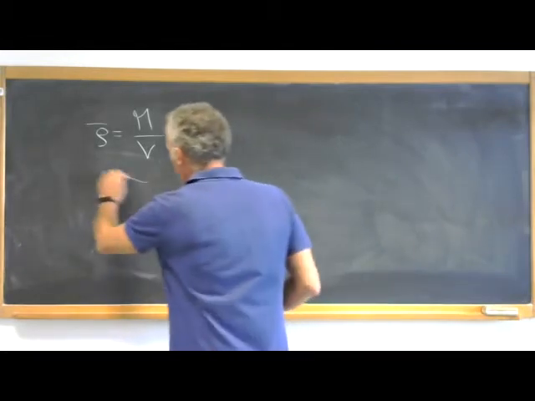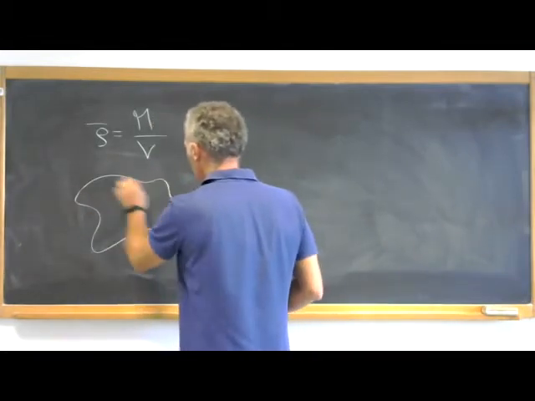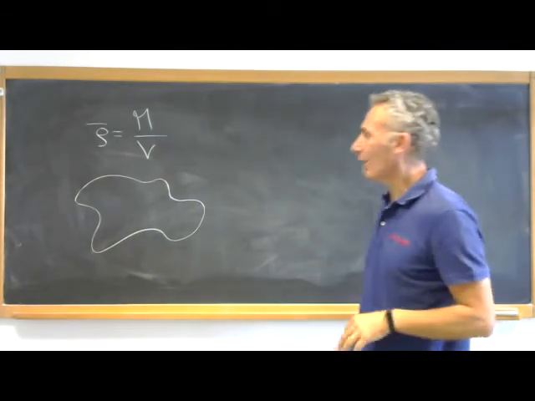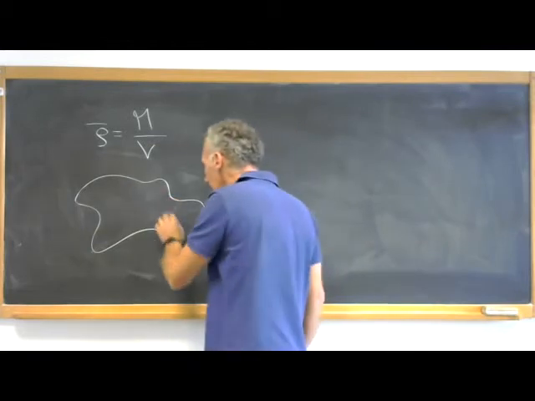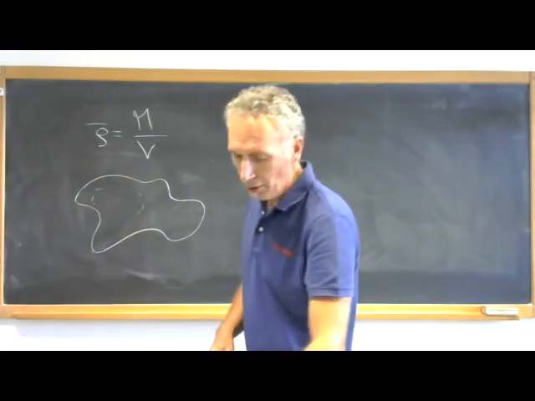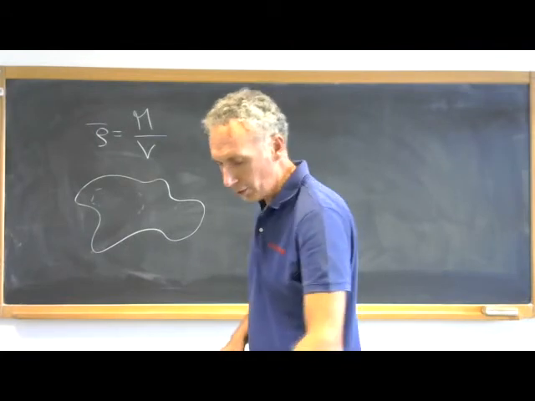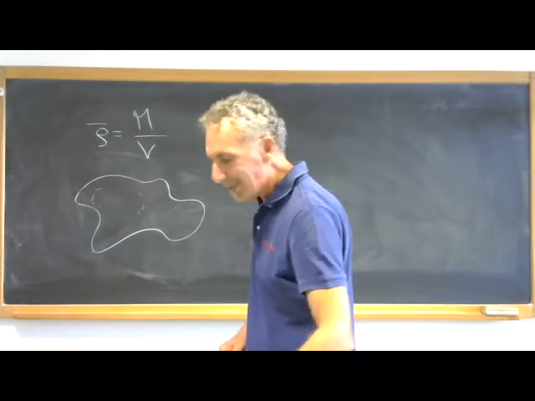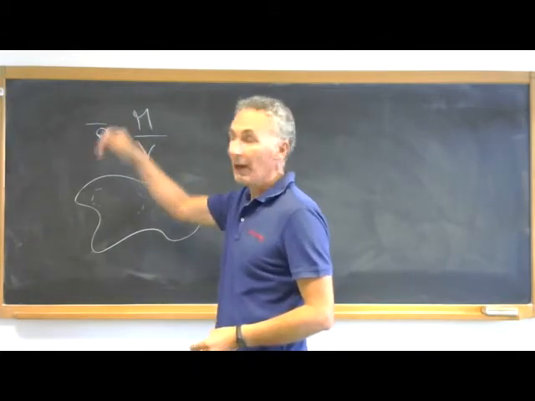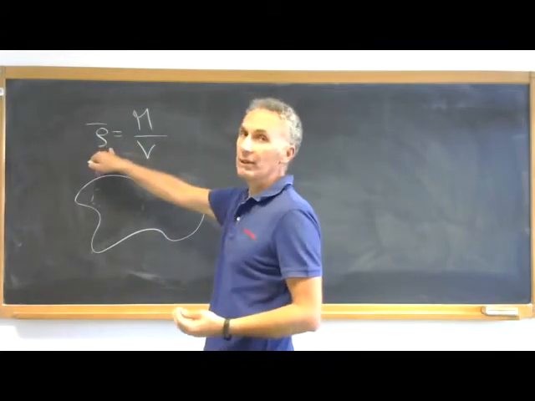In particular, if I have a typical multi-component, multi-material object, each part could be made of different materials. If you wish, we could use different colors. And then density, measured in this way, is only an average quantity.